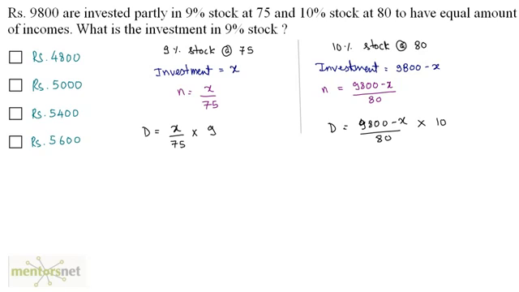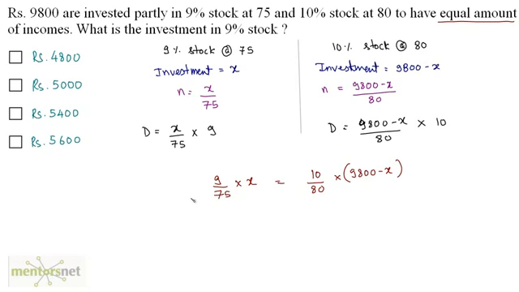So times 10, right? Now it is said that the income from both of these stocks should be the same. That is, the amount of income should be equal. So I can equate these. So I have 9 by 75 times X is equal to 10 by 80 times 9,800 minus X, right?